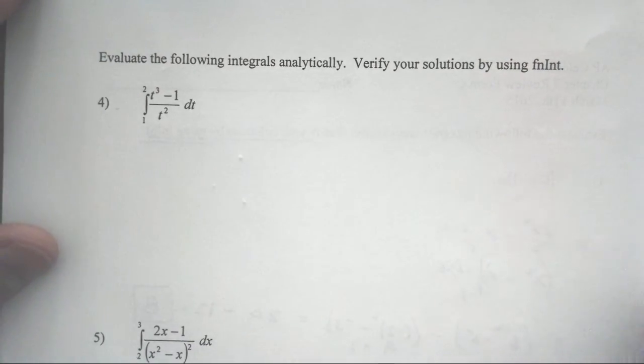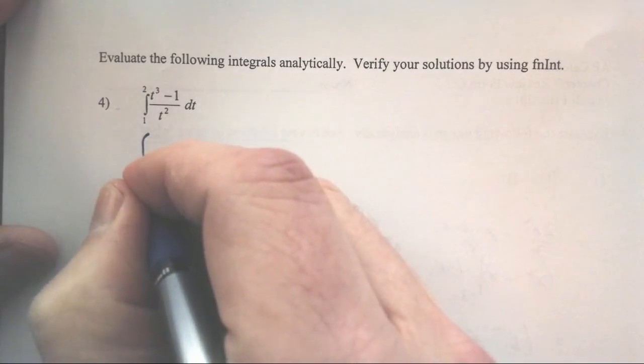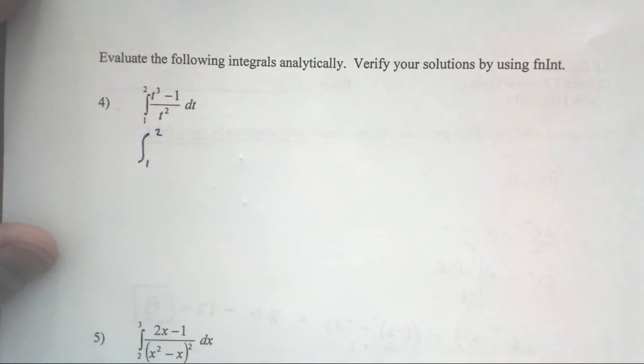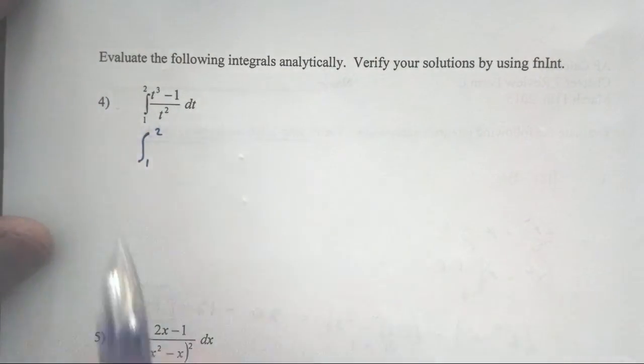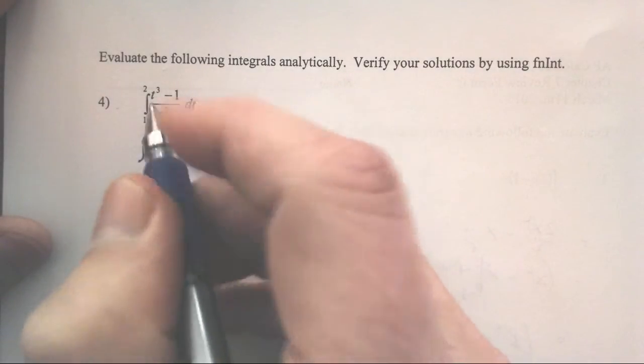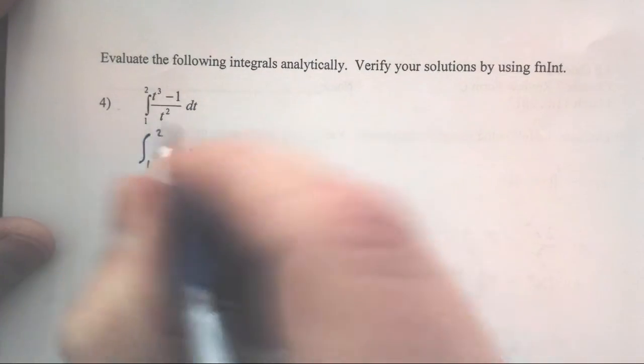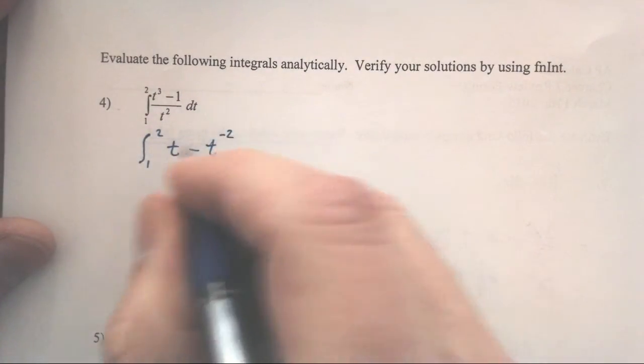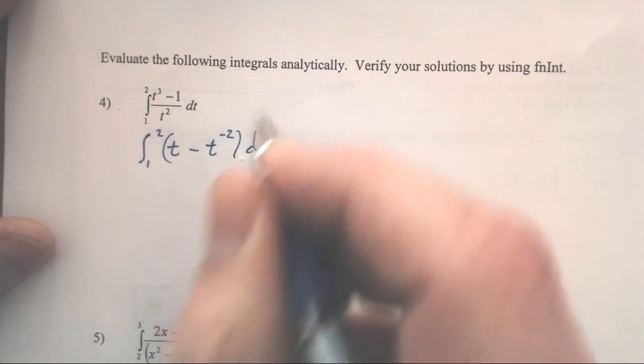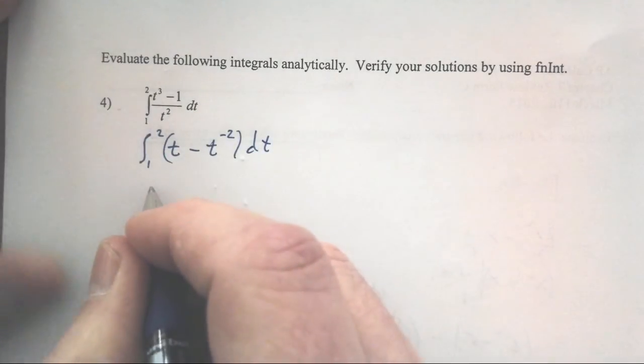Evaluate the following integrals analytically. Continue to verify. This one we can split into 2 fractions. Maybe you want to try a u du there, but don't have to. This is t to the 3rd on t squared, which is just t, minus 1 on t squared, which I'm going to write as t to the negative 2nd dt. Simple integration here.